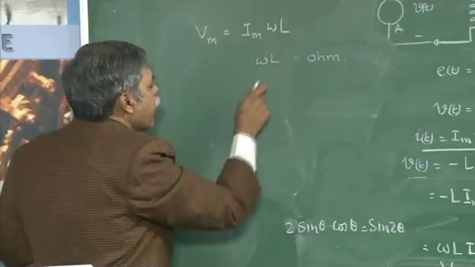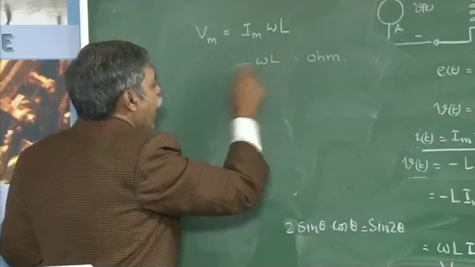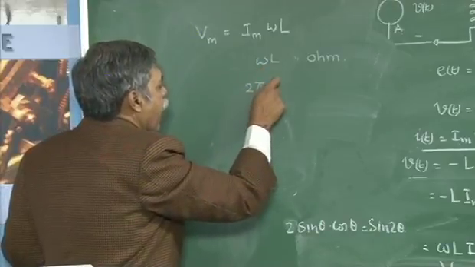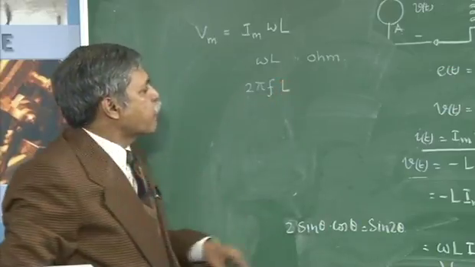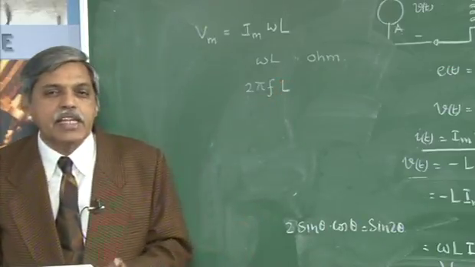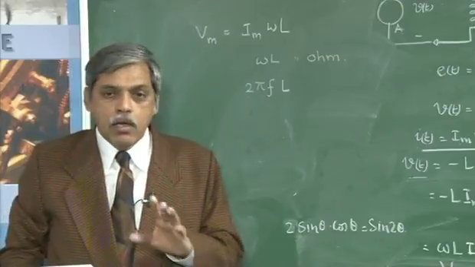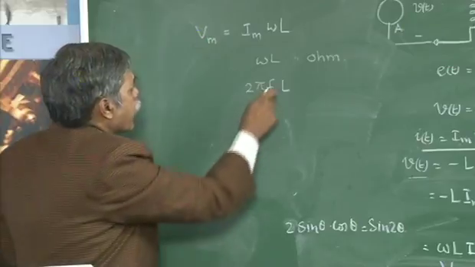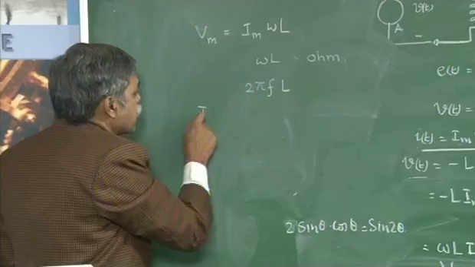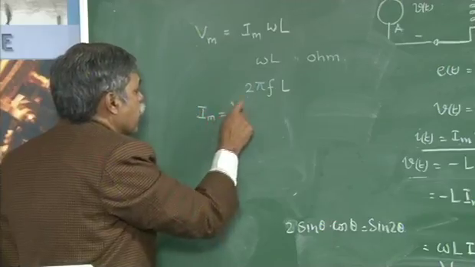And this omega is the angular velocity, given by 2 pi f, where f is the frequency of the supply in cycles per second or hertz.